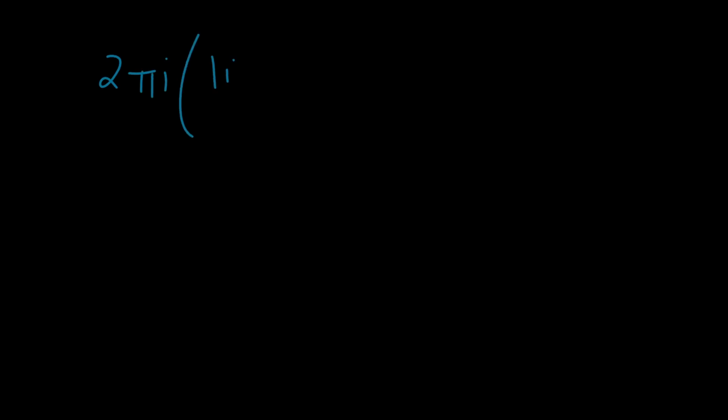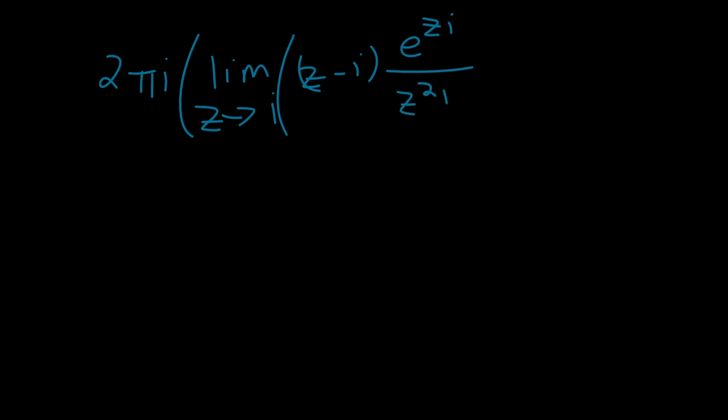So it's going to be the limit as z approaches i of 1 over 0 factorial, but we know that's just 1, times the 0th derivative, so no derivative at all, of z minus i, and then times f of z, which is just e to the zi over z squared plus 1.